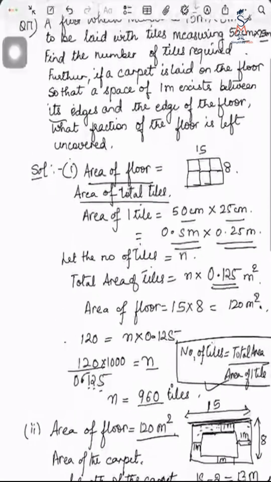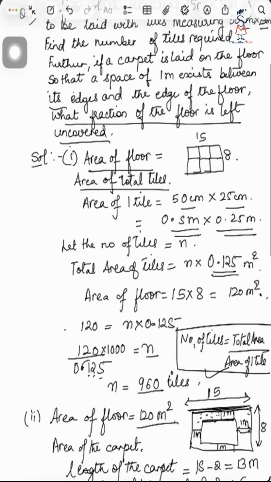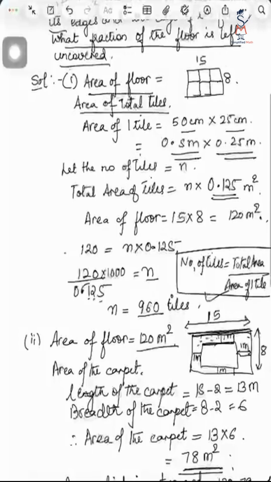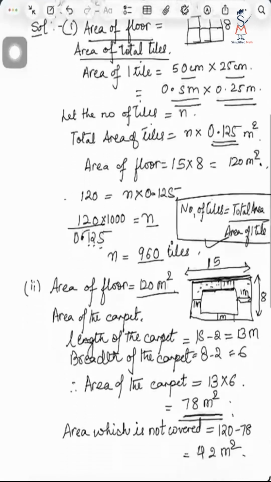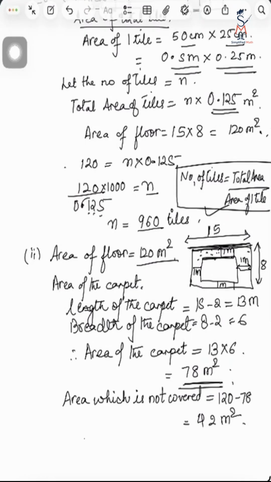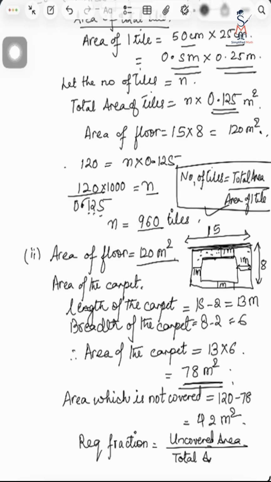And what we have to find? What fraction of the floor is left uncovered? We have to find the fraction, right? We do not have to find what area is left uncovered, but what fraction is uncovered. So what will be the required fraction? Required fraction will be uncovered area by total area, right?